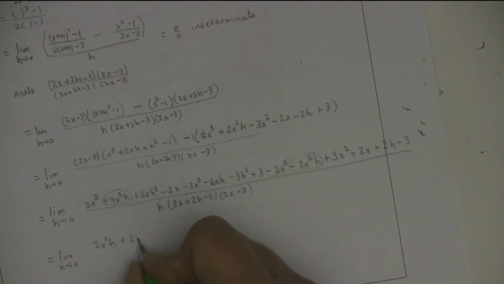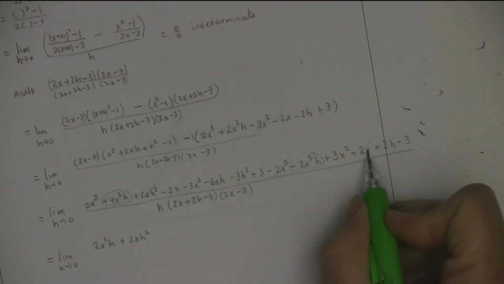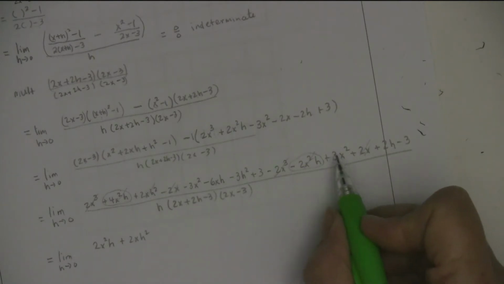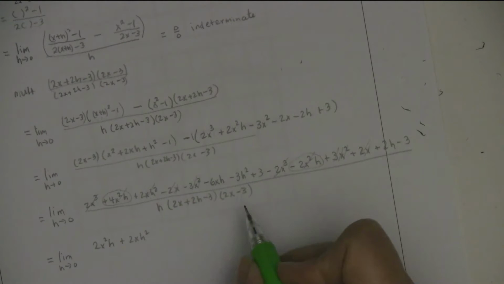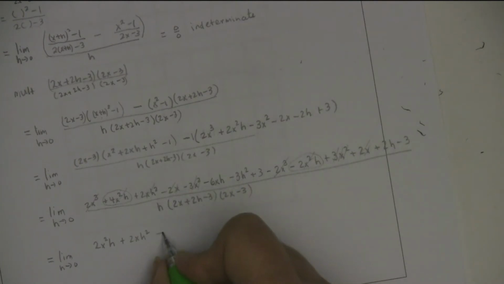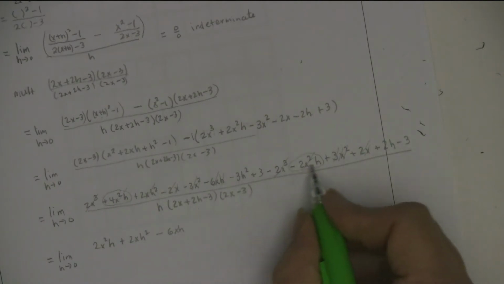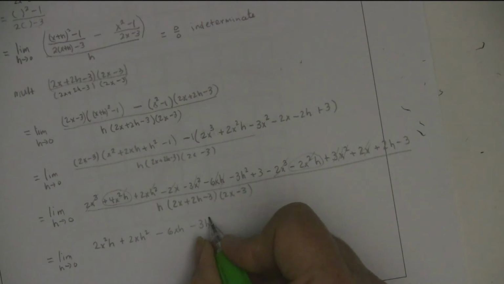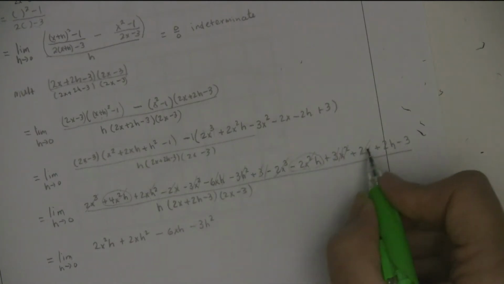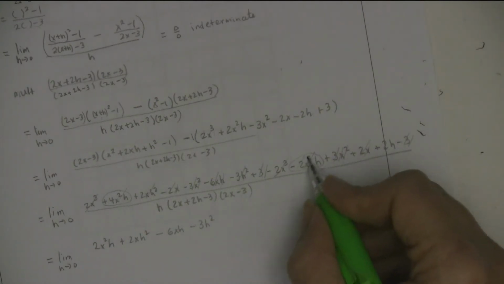So plus 2xh squared, I did that, minus 2x plus 2x, minus 3x squared plus 3x squared, minus 6xh, I don't see any of those, minus 3h squared, so I got that, 3 minus 3, so those are gone.